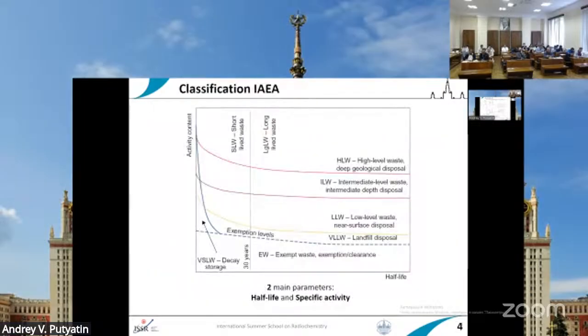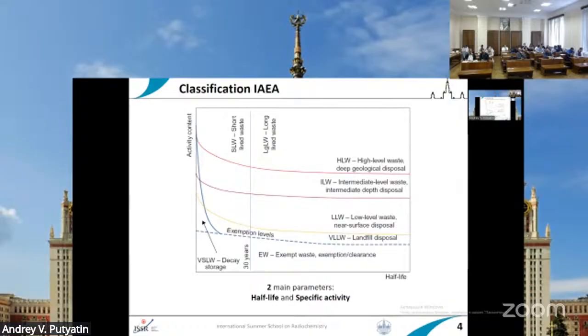But when we look later at the disposal of radioactive waste, first of all, we have to separate this waste, like we do in usual life. Not in every country, but we are trying to sort typical waste into plastic, paper, metal waste.